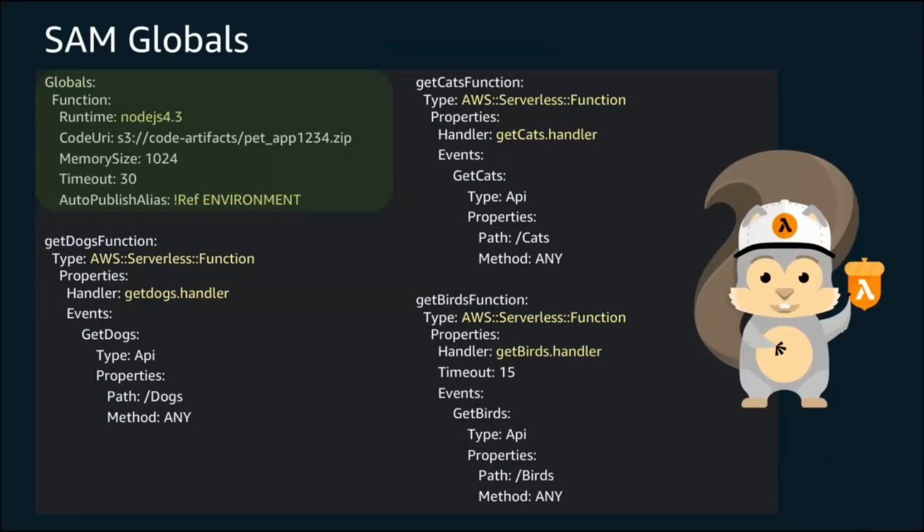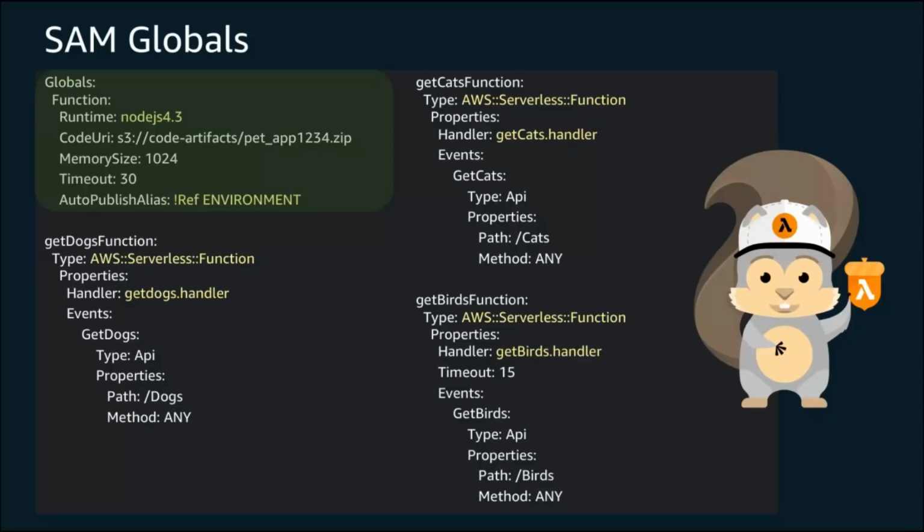Another good capability here of SAM is something called SAM globals. So we see here in the top left, I've highlighted a section of code. And if you look into the various attributes that are defined, you'll see that these are all attributes that exist for Lambda functions. For example, here at the runtime, the code URI, the memory size, the timeout, turning on auto-publish alias for safe deployments.